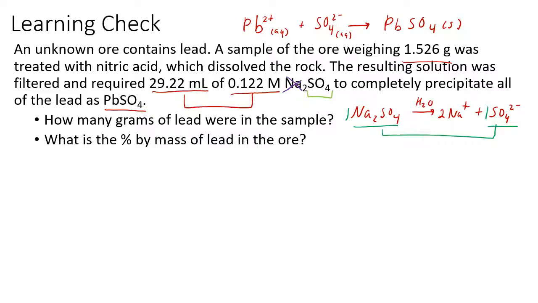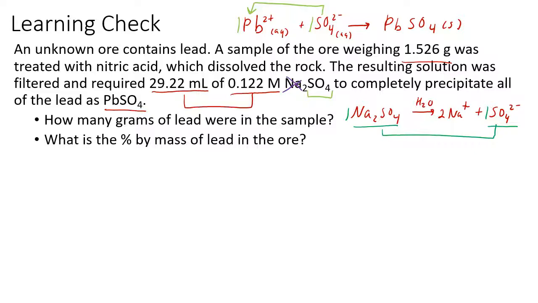So this is a little bit different than the last one because we have a titration that took place where we know the volume and concentration that we're going to use to get at the number of moles of sulfate. If we can get at the moles of sulfate, we can use our balanced net ionic equation to work backwards to the moles of lead. And from there we can figure out the grams of lead.